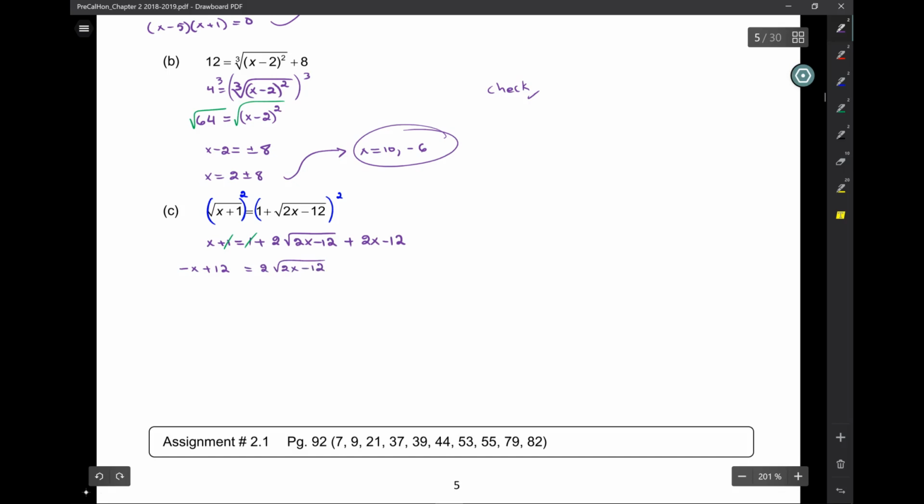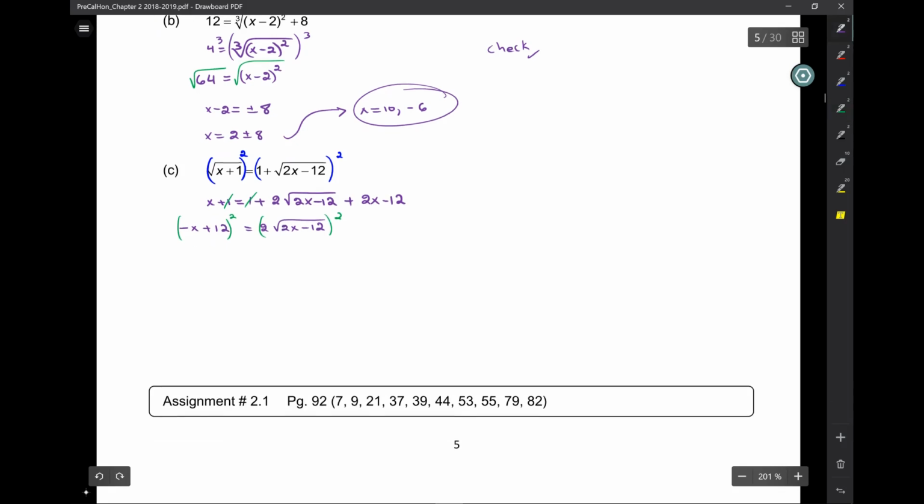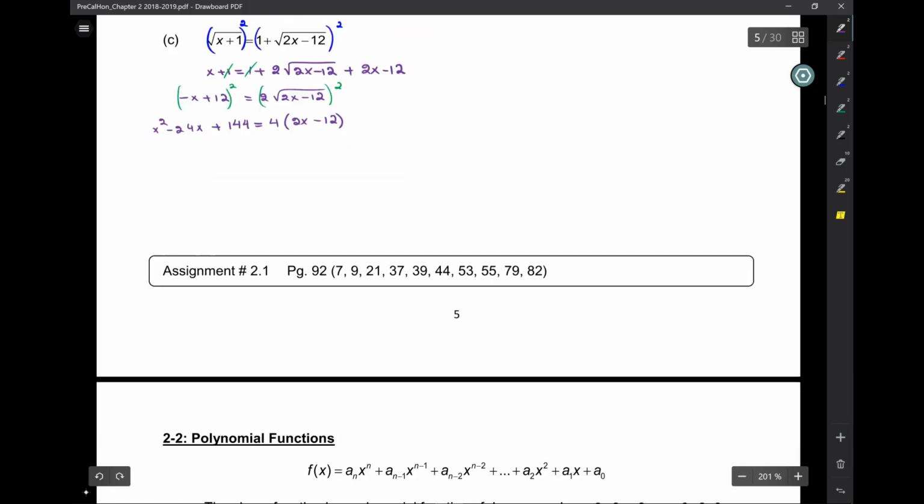Now, here, if there is something that you could divide out, do it here. In this case, there isn't, so we're just going to end up squaring everything. Let's square this. Let's square this. When I square, I'm going to get x squared minus 24x plus 144 equal to 4 times 2x minus 12.